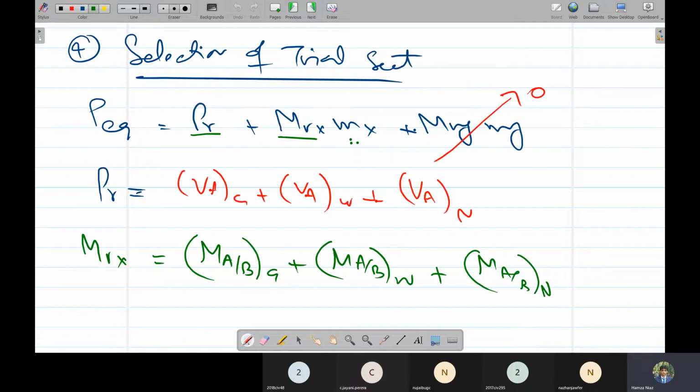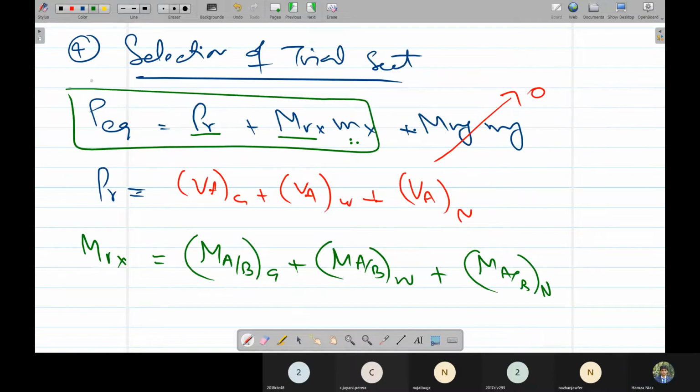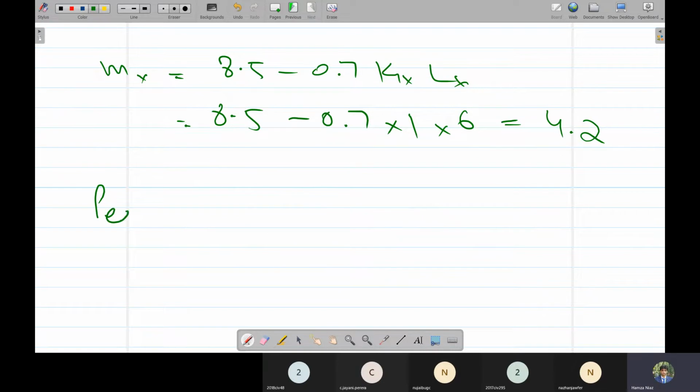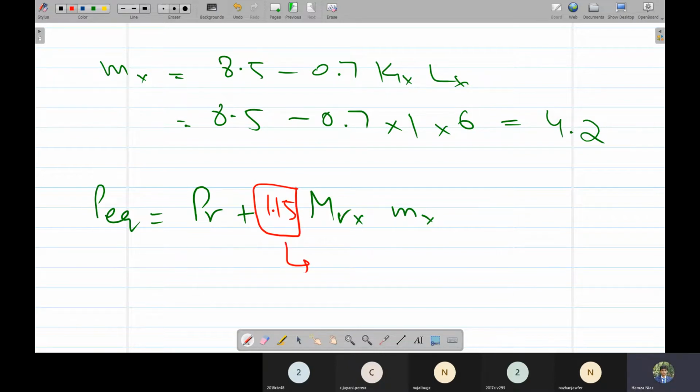We'll simply use this equation again: P equivalent is equal to PR plus MRX into MX. And we have to remember to use the 1.15 factor here. Why? We are assuming that second order moments would increase the first order moments by 15%.